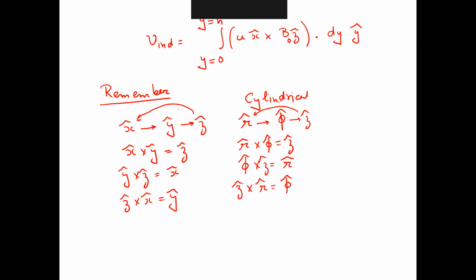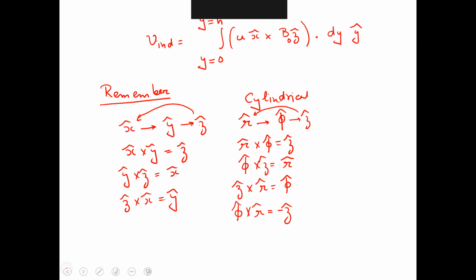If you are going in the counterclockwise direction as this is laid out, you would get positive values. If you go in the clockwise direction, then you get negative values. For example, phi cross r would be minus z.